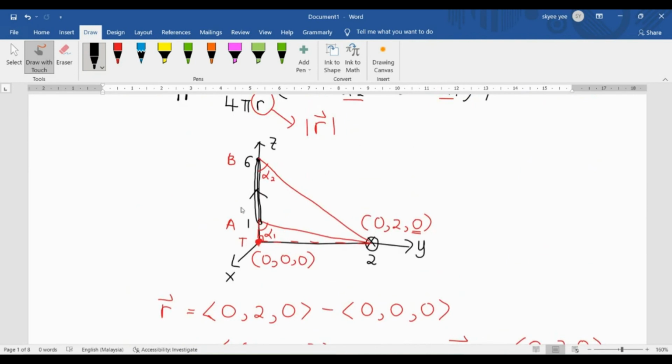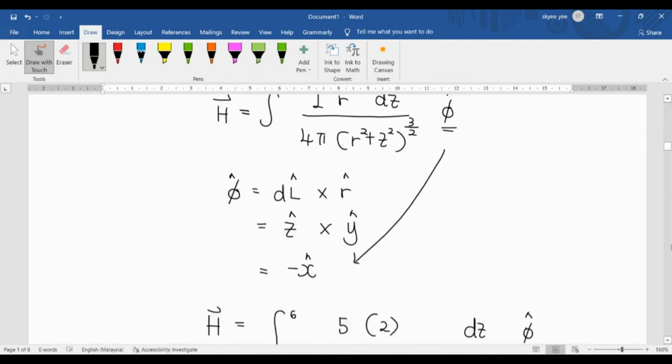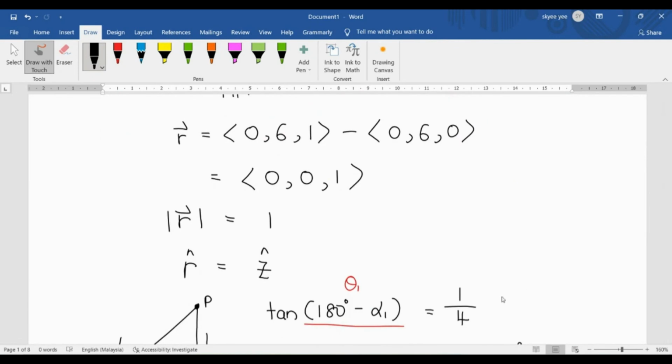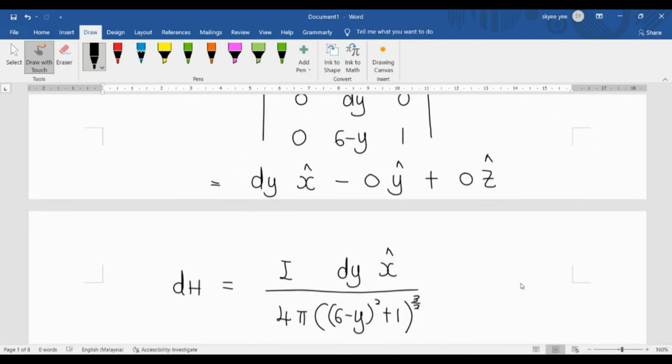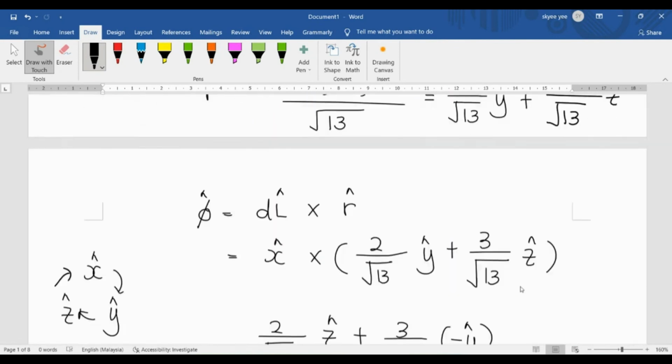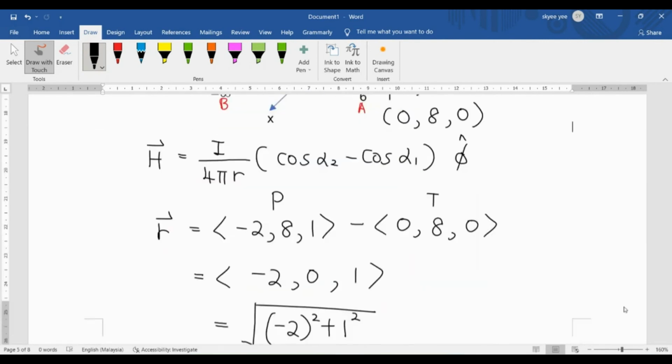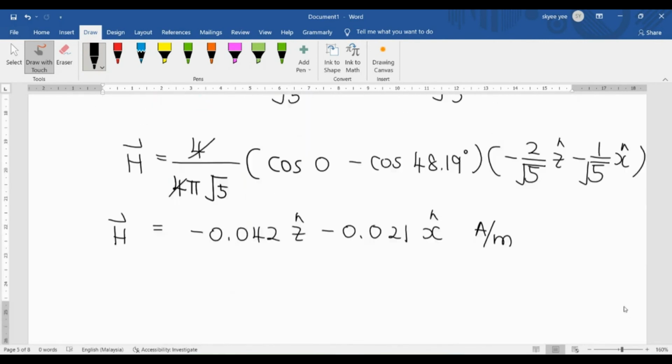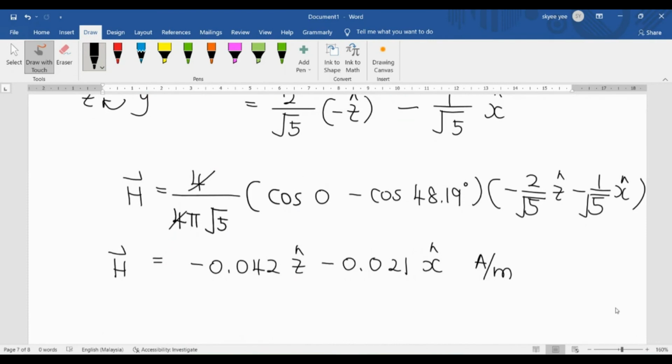All right, so A and B depend on the direction of the currents. Currents will flow from point A to point B. So this is the final answer for these questions.